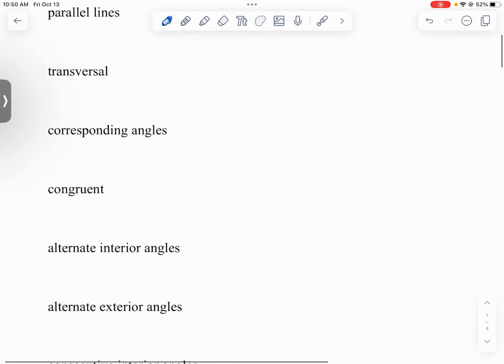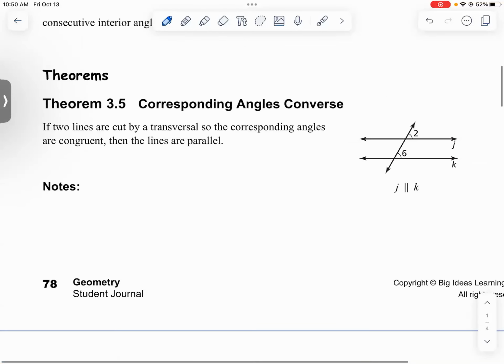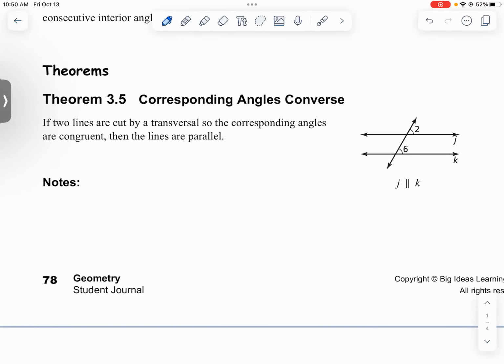So at the bottom of page 78, if two lines are cut by a transversal so that the corresponding angles are congruent, then the lines are parallel. So now we're going the other way.